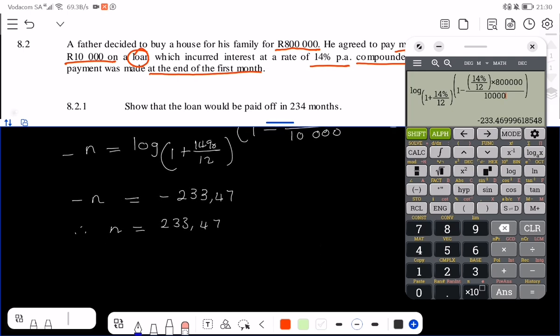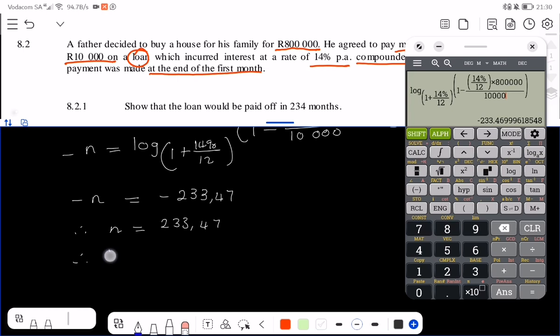All right. Then now, let's compare the answer with the one given above. Above the set is 234 months. Okay. So therefore, the loan will be paid off at the end of this 234th month, because it has to be 234 point 47. So indeed it has to be 234 months.